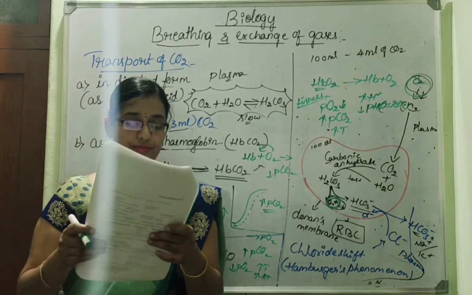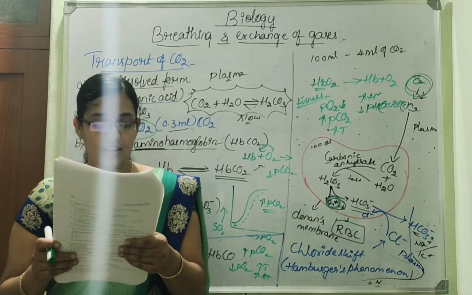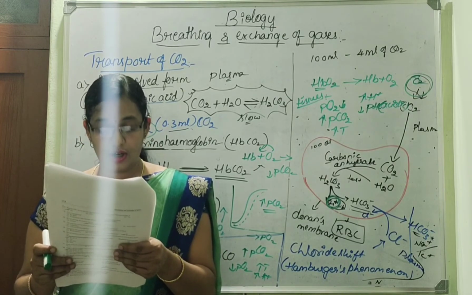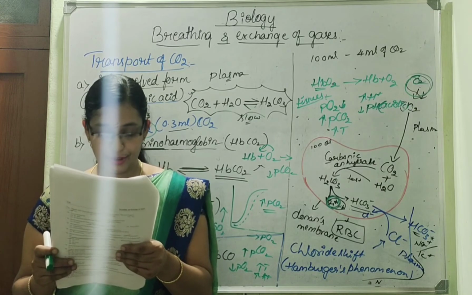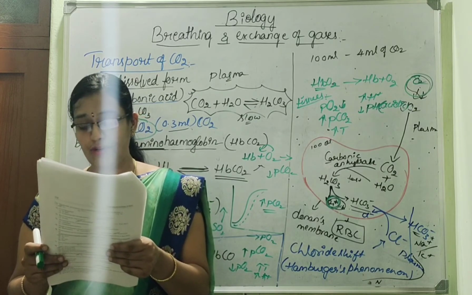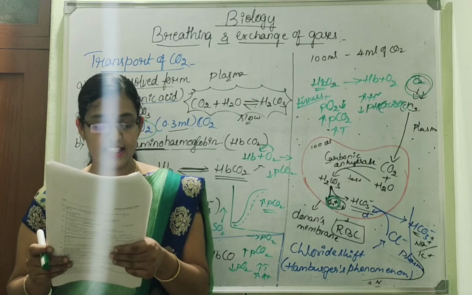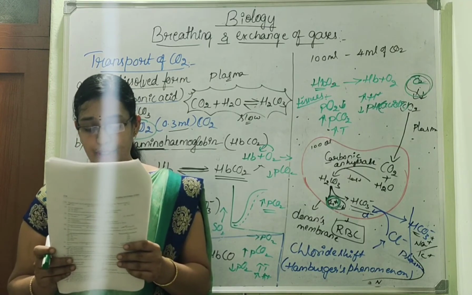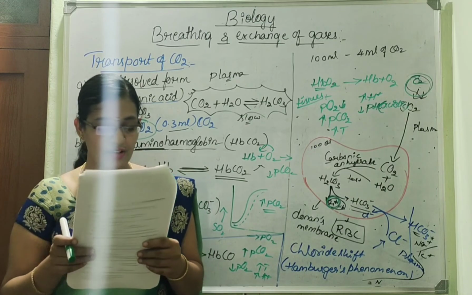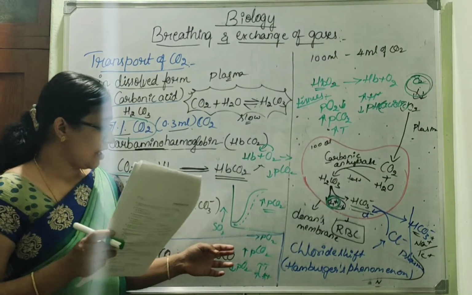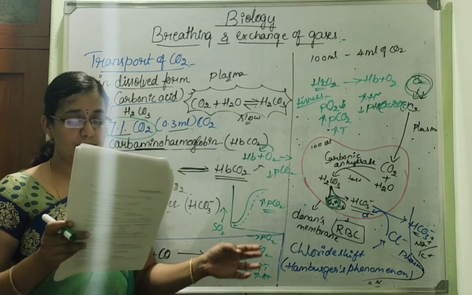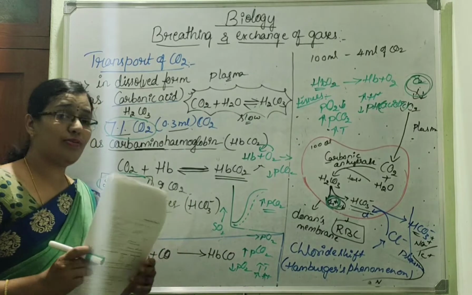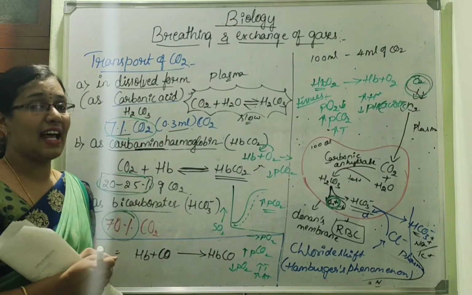Option C. Next question. Carbon dioxide dissociates from carbaminohemoglobin when: A, low PO2, low PCO2, B, high PO2, high PCO2, C, low PO2, high PCO2, D, high PO2, low PCO2. So dissociation of carbaminohemoglobin takes place at alveoli.